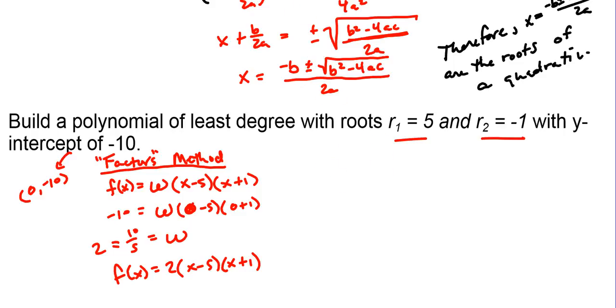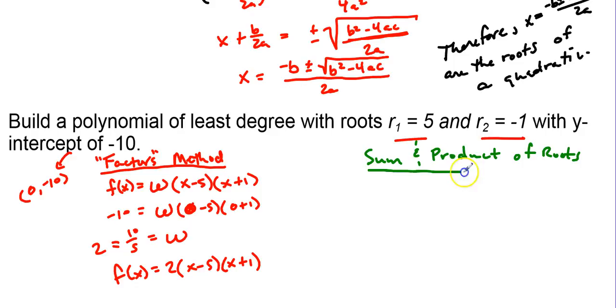The other method that you need to know is the sum and product of roots. The sum and product of roots says that you can find the equation of a quadratic if you know the roots.